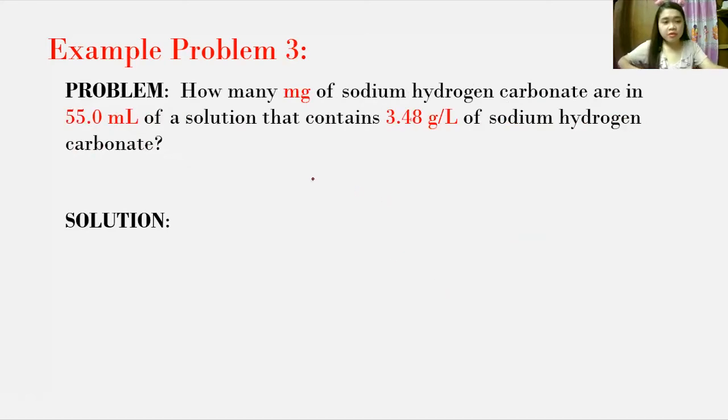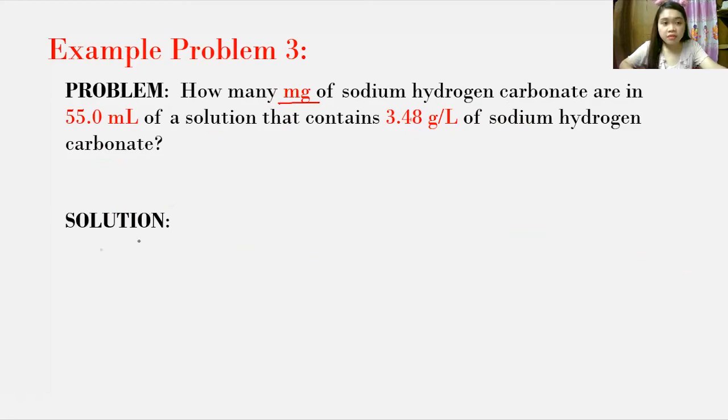For example, problem number 3, how many milligrams of sodium hydrogen carbonate are in a 55.0 ml of solution that contains 3.48 grams per liter of sodium hydrogen carbonate? So let's take into account what are given and what is needed in this problem. So we are asked how many milligrams, so it's mass.